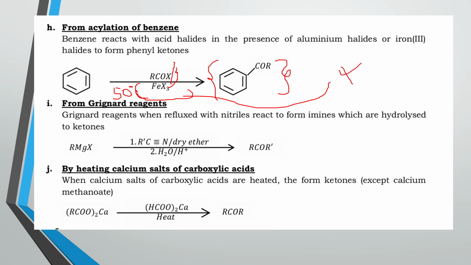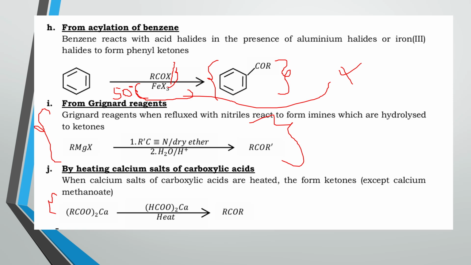From Grignard synthesis, we explained Grignard synthesis in detail, so we are going to just look at it in the examples given. We have also looked at this, and I've said that for this one, we are going to form ketones.